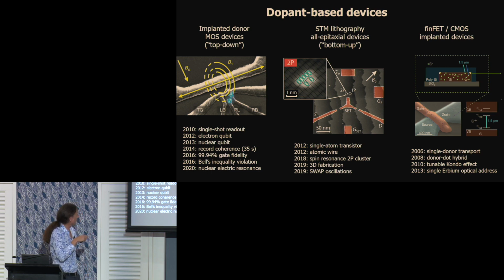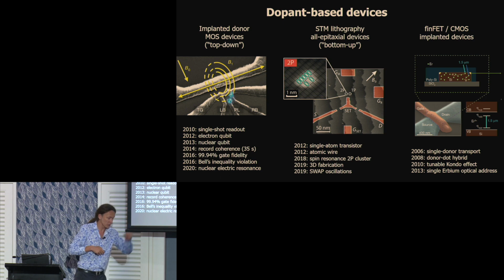These were the ones where we had the first single-shot readout, electron spin qubit, nuclear qubit, and a number of milestones ever since. Then there is the bottom-up technology, pioneered and developed by Michel. These are devices fabricated essentially at the atomic level with scanning tunneling microscopes of very high precision in the placement. They had the first single atom transistor in 2012, atomic wires, and then last year was a very good year, atomic 3D fabrication and the swap oscillations of 2 spins.